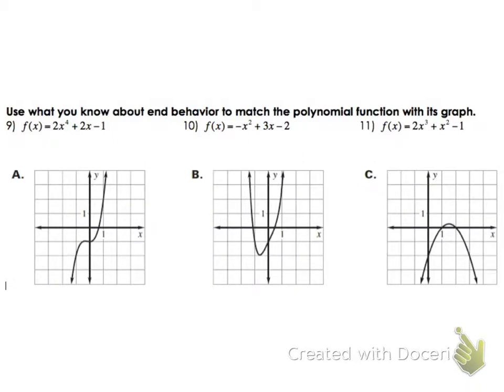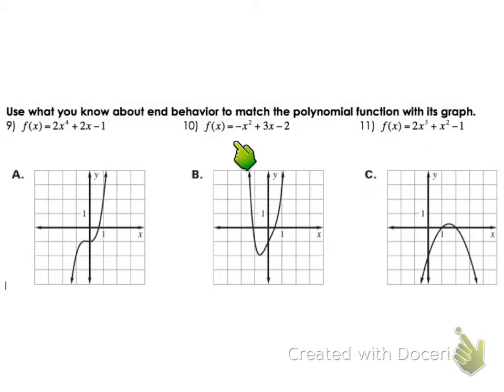Okay, you're back. First of all, how many of these graphs are odd degree functions? Did you say A? Because odd has opposite end behavior. Which one of these is an odd degree function? Did you say 10?